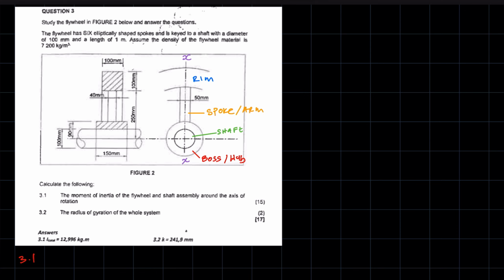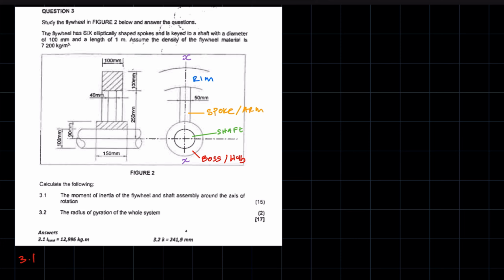Now the problem reads as follows. The flywheel has 6 elliptical shaped spokes. Before we go any further, spokes come in different profiles. The profile of a spoke can be elliptical, rectangular, an I section, or an H profile. The profile of the spoke suggests to us how we should go about calculating its area.